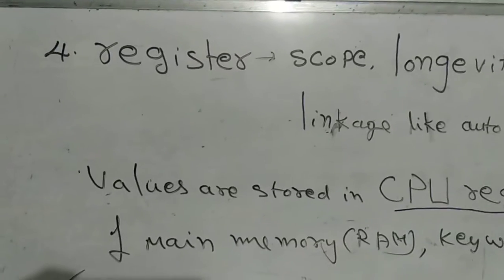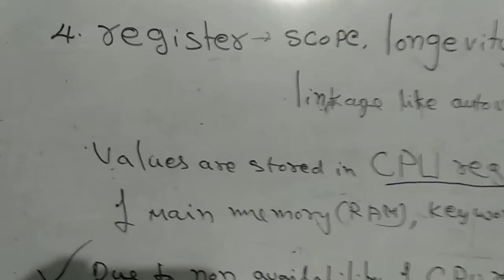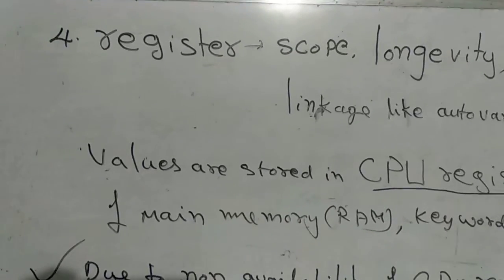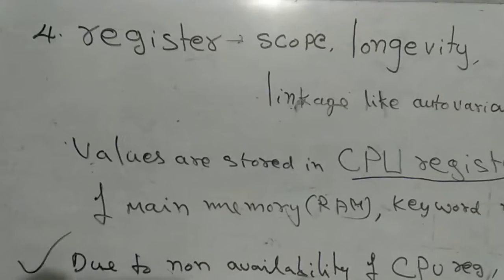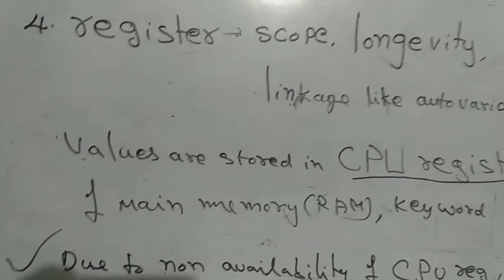Suppose you take the 8051 microcontroller, which has 8 registers. We can store only 8 numbers in these registers. Beyond that, the rest will automatically be stored as local variables. This is the limitation of the register variable.